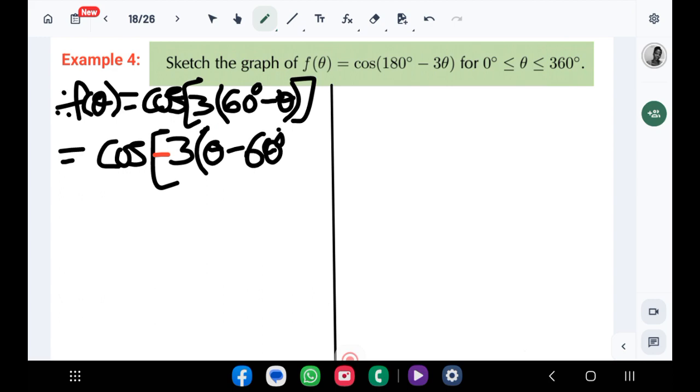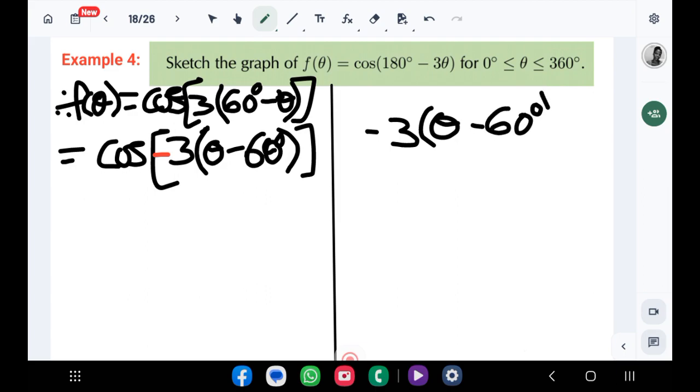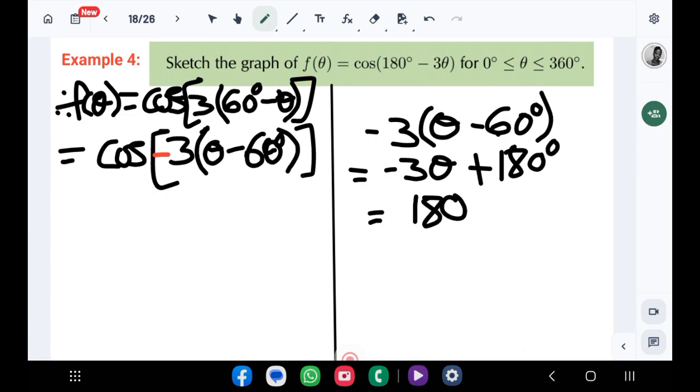Why is that minus sign helping? Because minus 3 times theta minus 60 equals minus 3 theta plus 3 times negative 60, that's positive 180 degrees, which takes us back to what we started with, 180 degrees minus 3 theta.